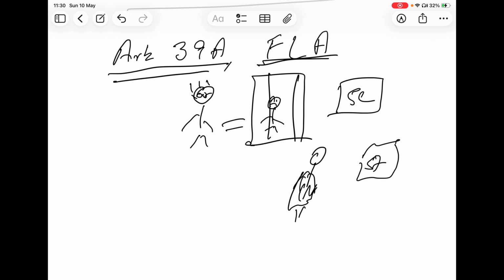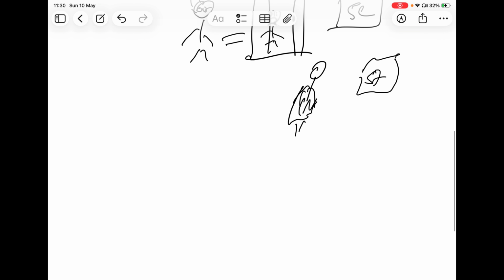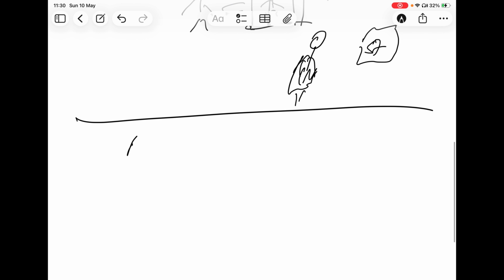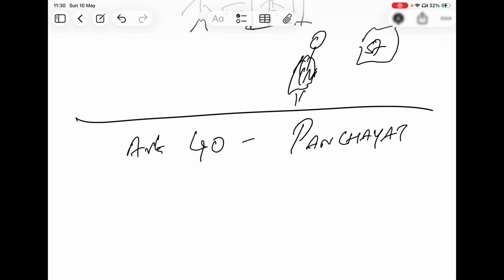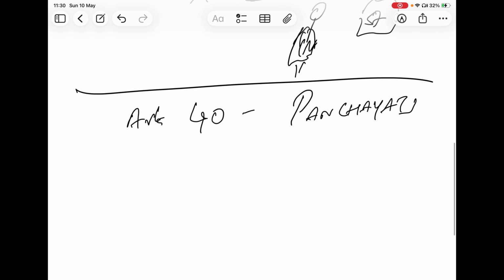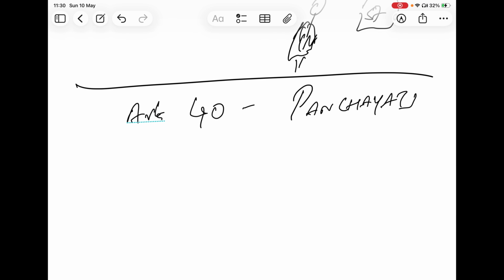Okay. Now, next comes Article 40. This talks about panchayats. This article encourages the government to develop village panchayats and local self-government.